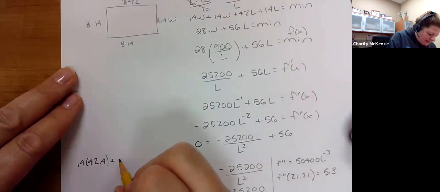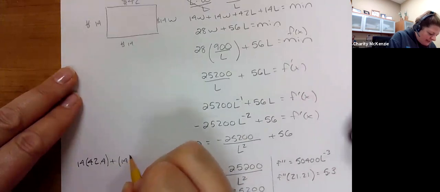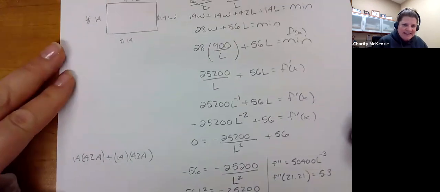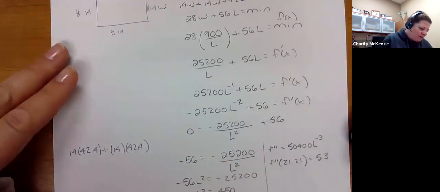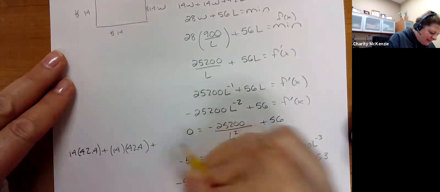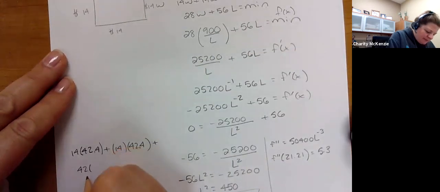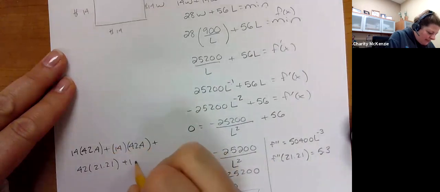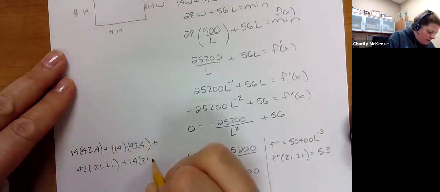I did 2 times it instead. So it'd be 14 times the 42.4 twice, 2 widths. And then our lengths would be plus 42 times 21.21 plus 14 times 21.21.